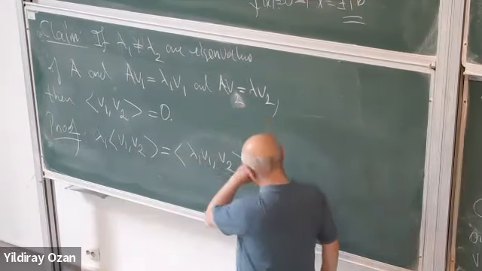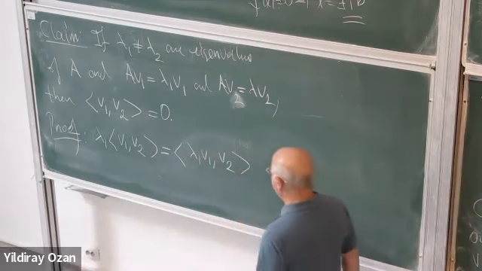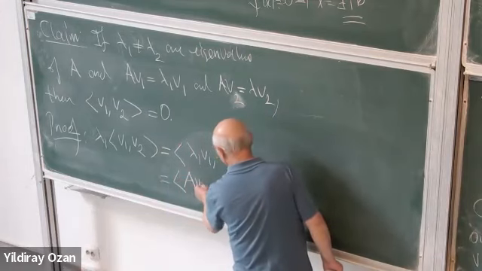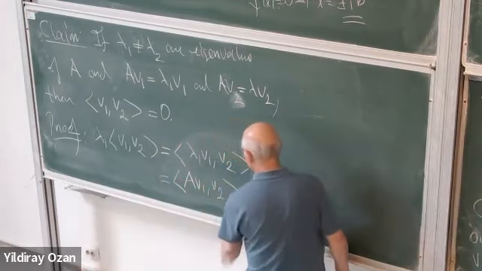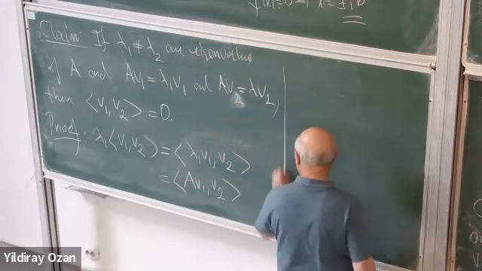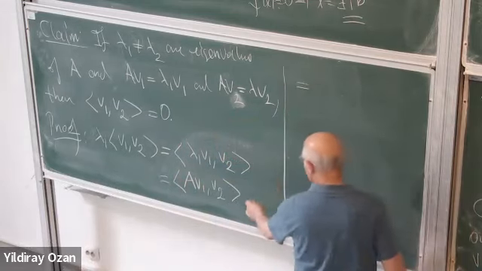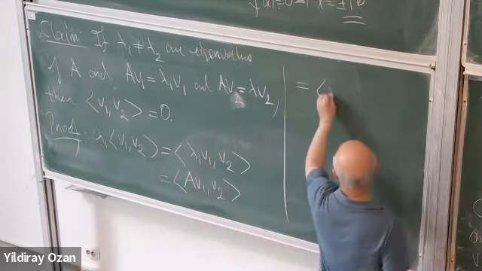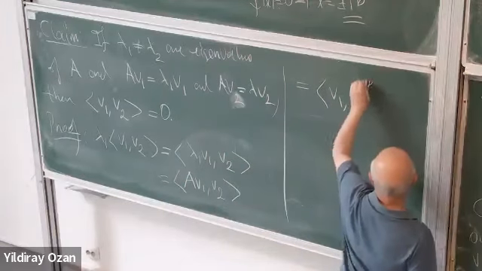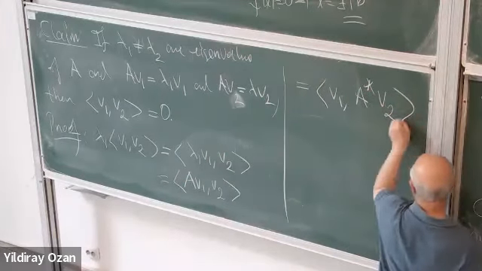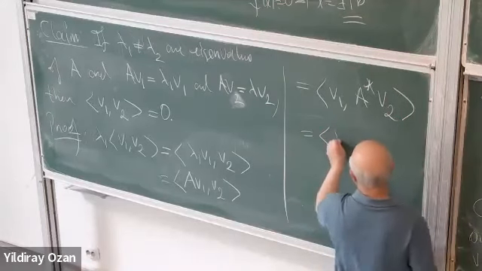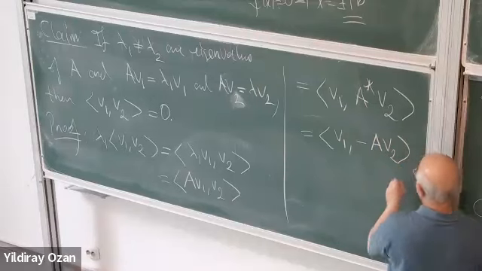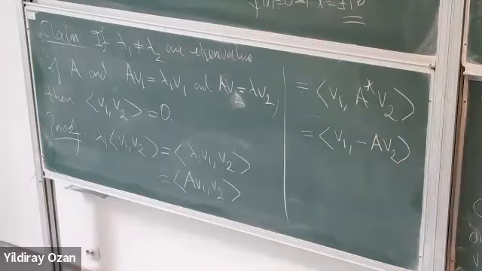We will write it like this. But then this is just A V1, V2. Well, then that is equal to, I can take this A to the other side as A star, and A star is just minus A, because it is skew symmetric.